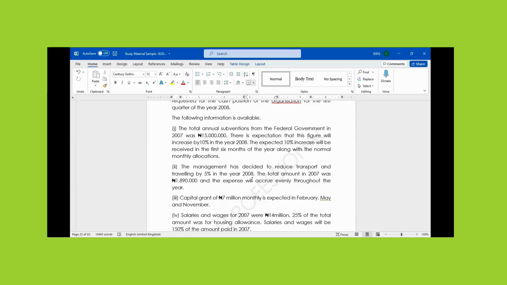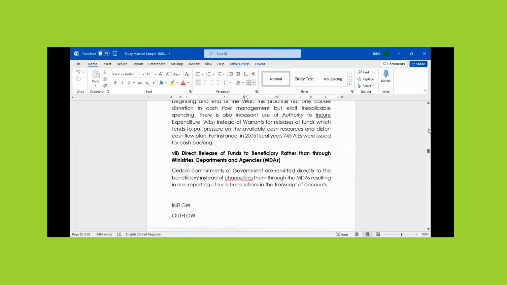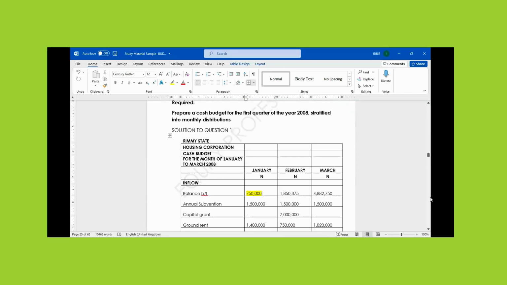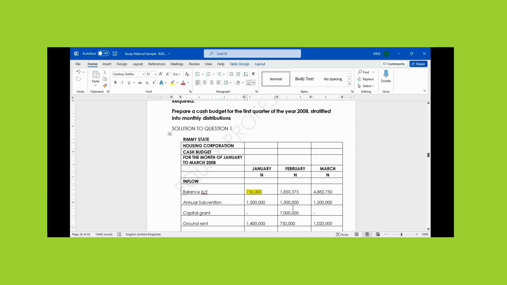Just February. Capital grant, is it inflow or outflow? Inflow. Under our inflow, capital grants. Only February. January, nil. February, 7 million. March, nil. Are we making sense? Yes, sir.